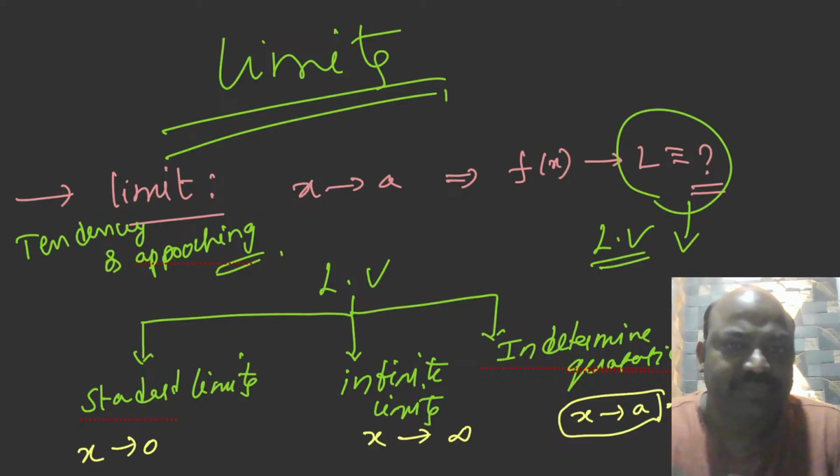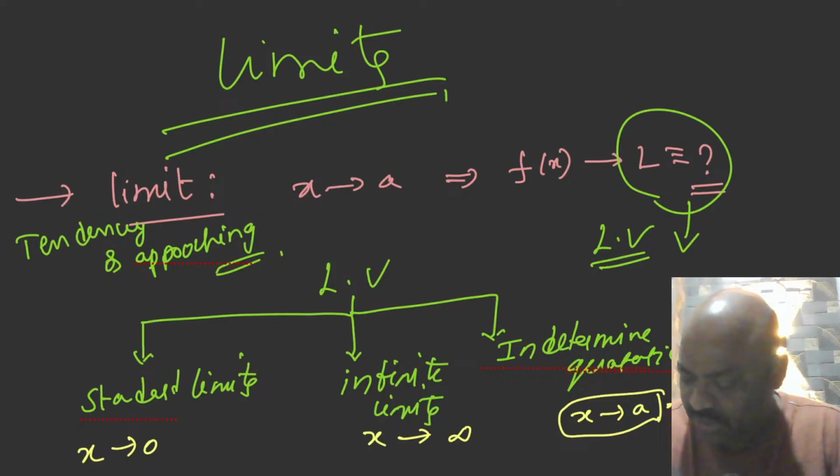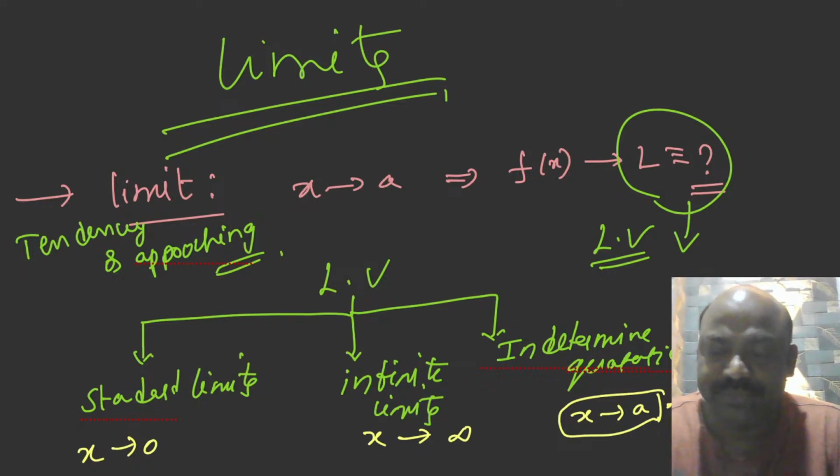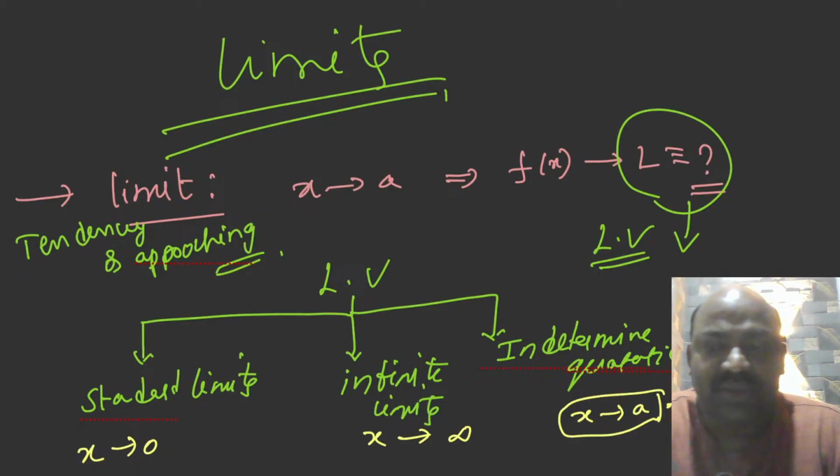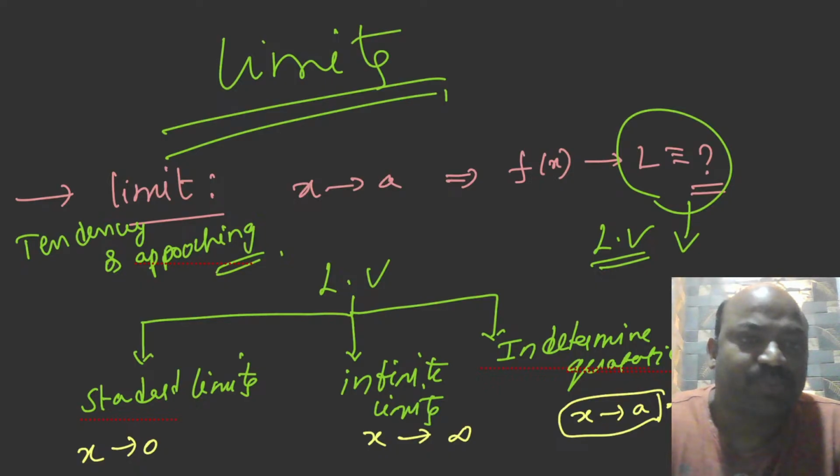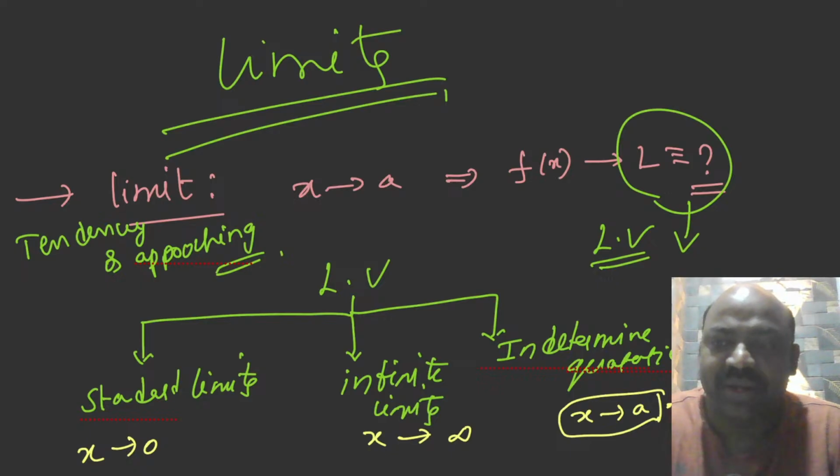Can you please put in the chat whether you got clarity on this basic introduction? A limit is a tendency. When x is approaching a certain value, the corresponding f of x approaches some other value. These limiting values can be found in different ways.